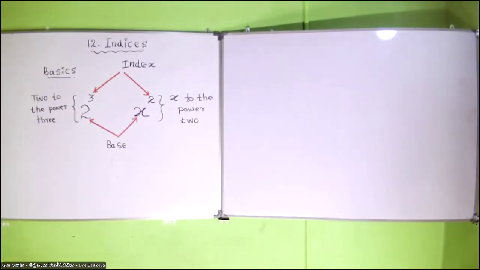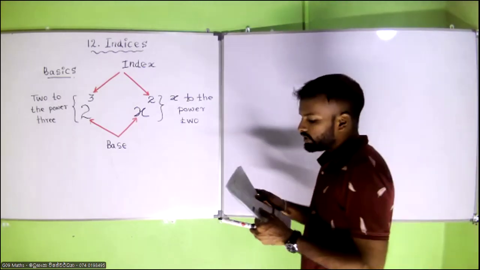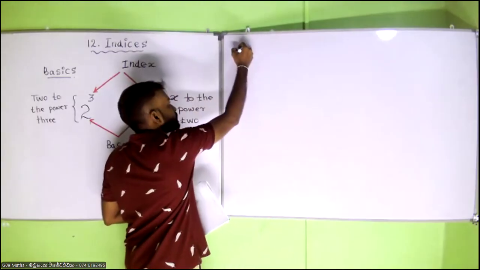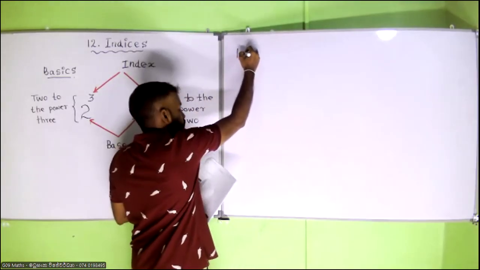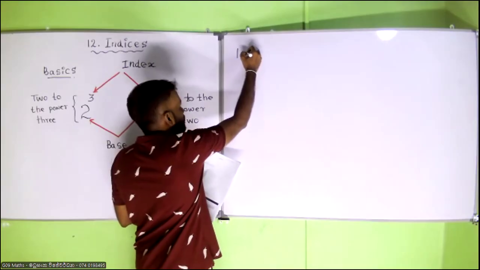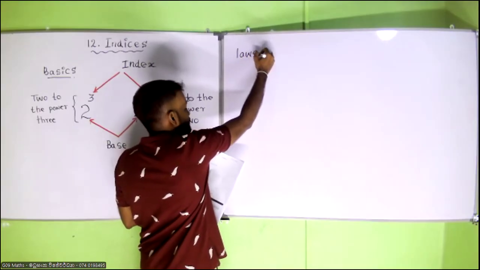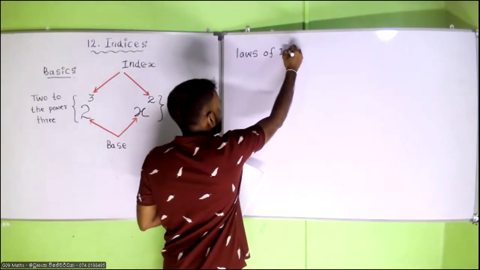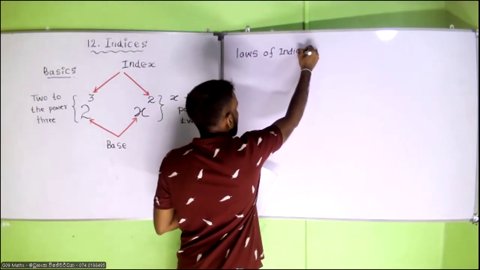Then the laws of indices you have learned up to now. What are they? You have learned more than this, but I have given you the basic things, the laws of indices.